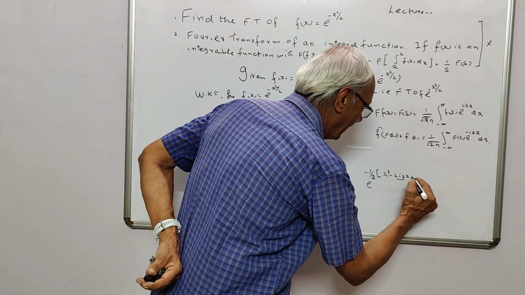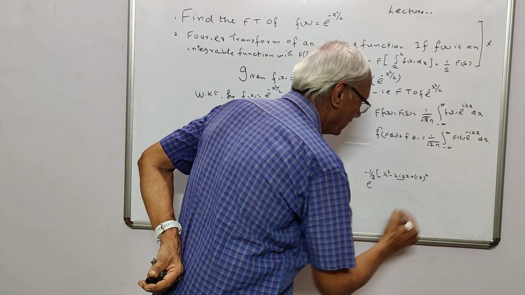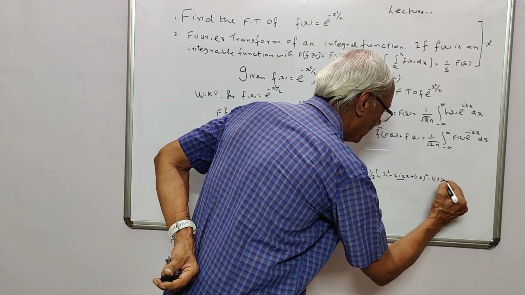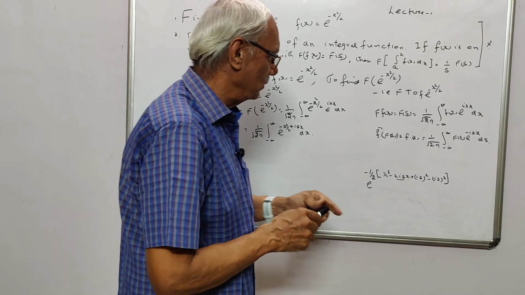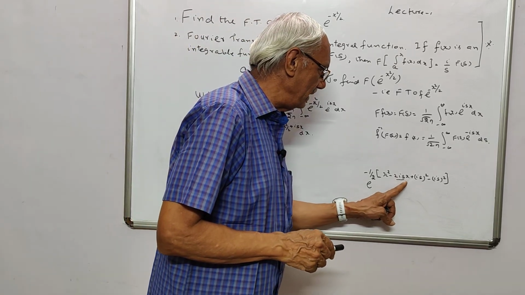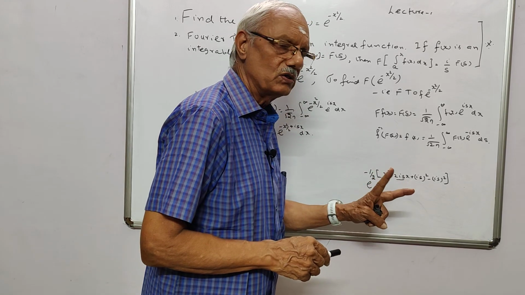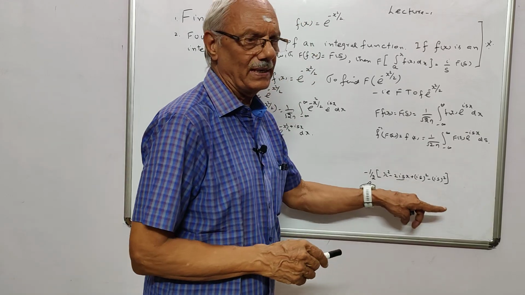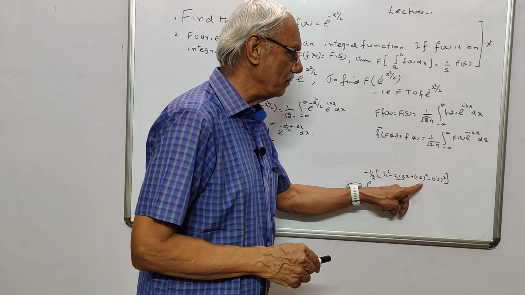So add is whole square and subtract is whole square. Are you able to understand what I write here? You divide this coefficient 2is by 2, so it will be is. Square that, add and subtract. The value will not change, but at the same time you can make this a perfect square.